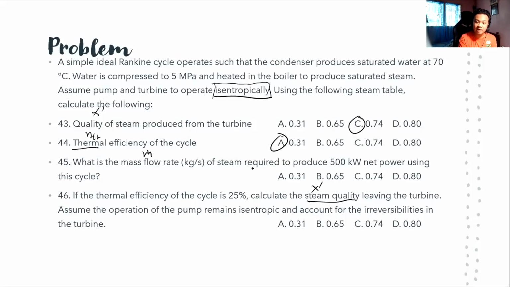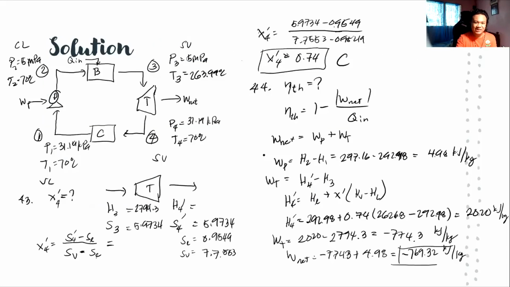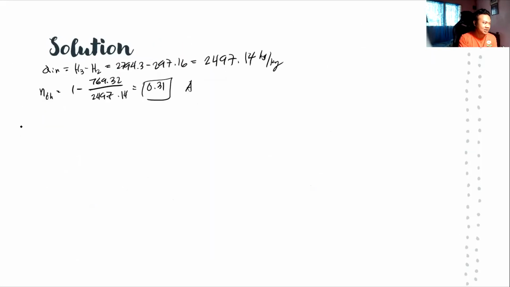Okay, so now we'll get the mass flow rate. This is actually simple. So, let's go to number 45. We have to get the mass flow rate.